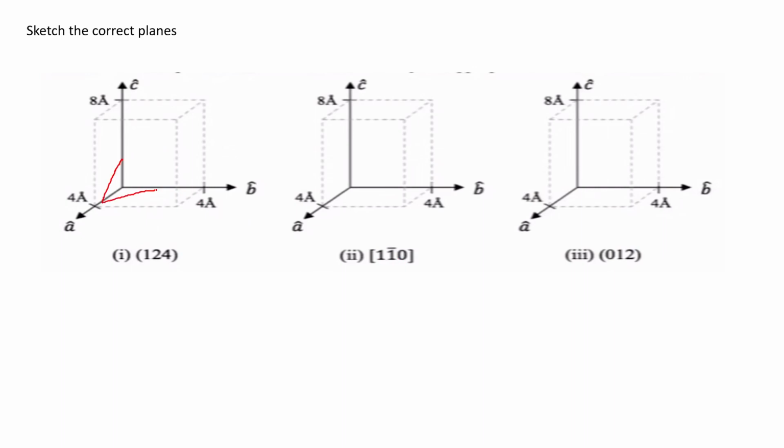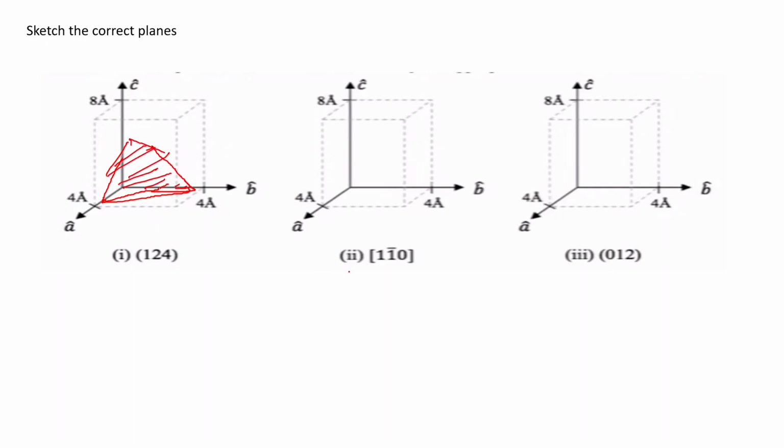the first case, the plane will be like this. 1 is here on this a-axis, 2 means double of its length, then 4 means 8. So it will come like a triangle. So this will be that plane.